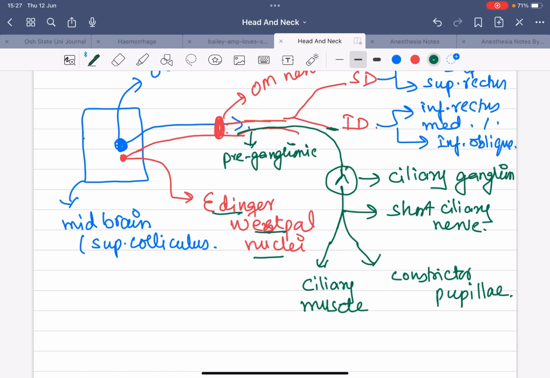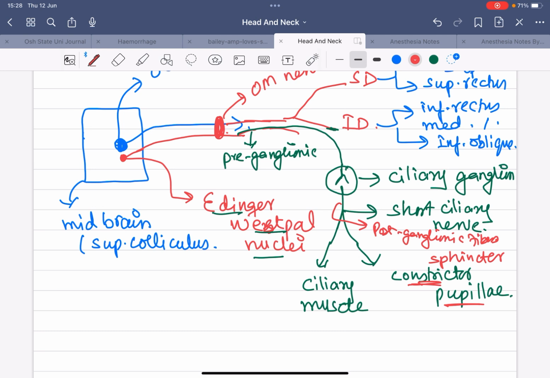Postganglionic fibers arise in the ganglion through short ciliary nerves and supply the sphincter pupillae and the ciliary muscles. These muscles are used in accommodation. Okay. So please remember, this is your ciliary ganglion.